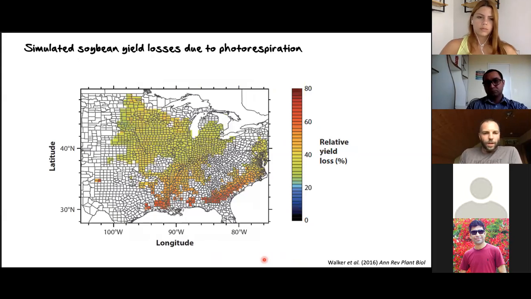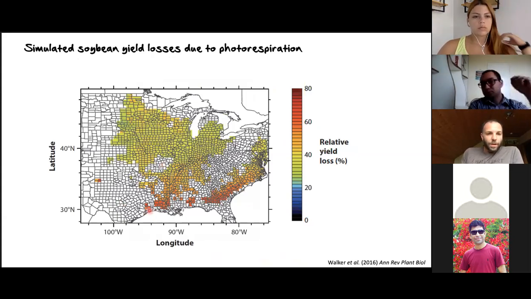And Walker et al. came up with a paper a few years ago where they try to quantify the impact of photorespiration on plant biomass, or in particular on the yield in soybeans. So they've done this for every county in the US where they grow soybeans.